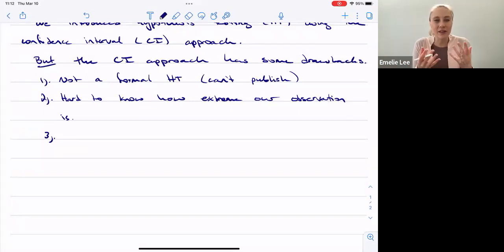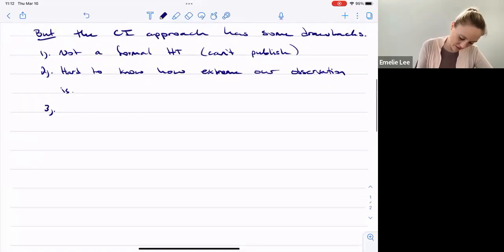And then the third drawback is that we're only able to do a two-sided test. Okay, so what that means is we can only test to see if P is not equal to some null value. Okay, so it comes down to the alternative hypothesis.